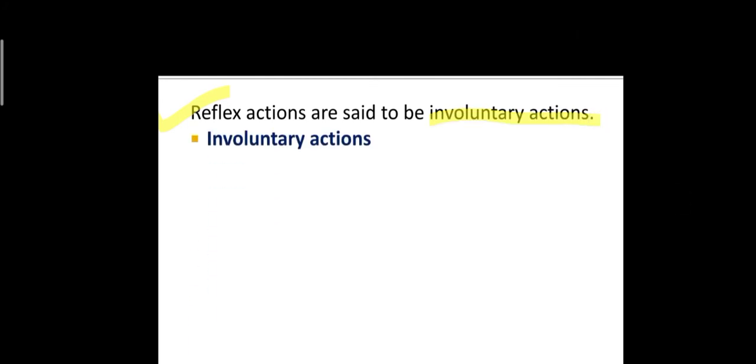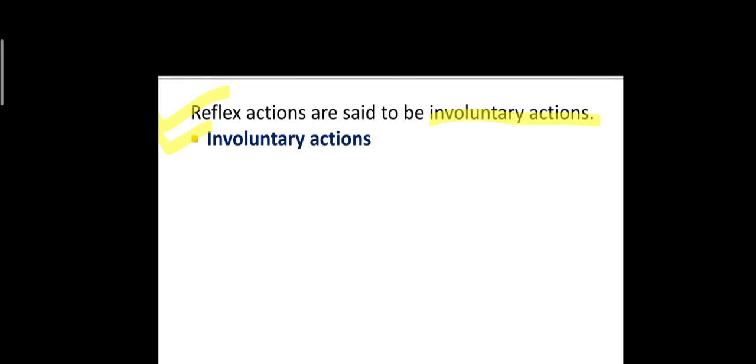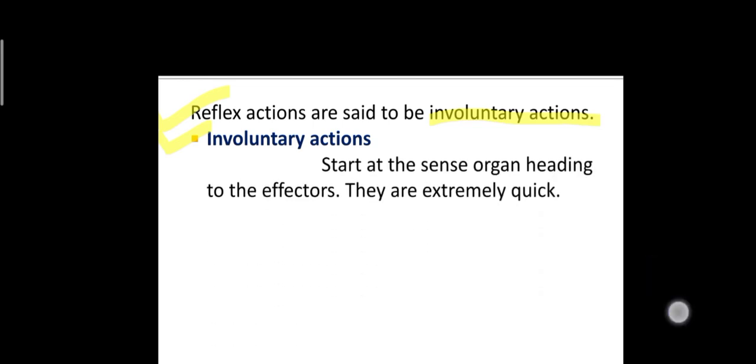What are involuntary actions? There are two types of actions which take place in the human body. First are involuntary actions and second are voluntary actions. Firstly, we will talk about the involuntary actions. Involuntary actions are those actions that start at the sense organ and go to the effectors, so they are extremely quick.